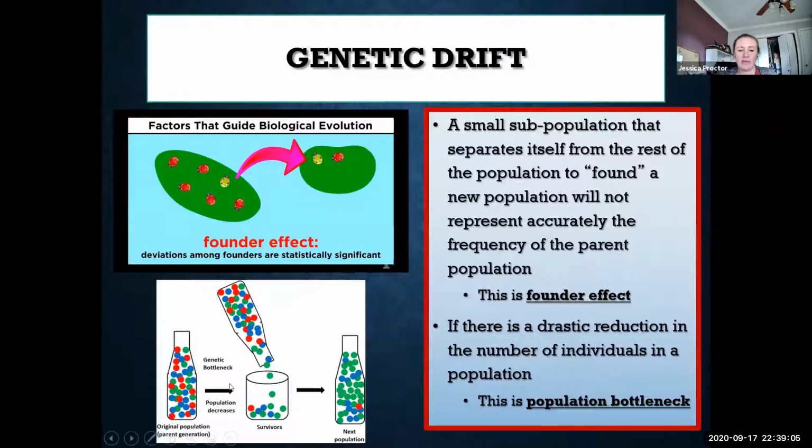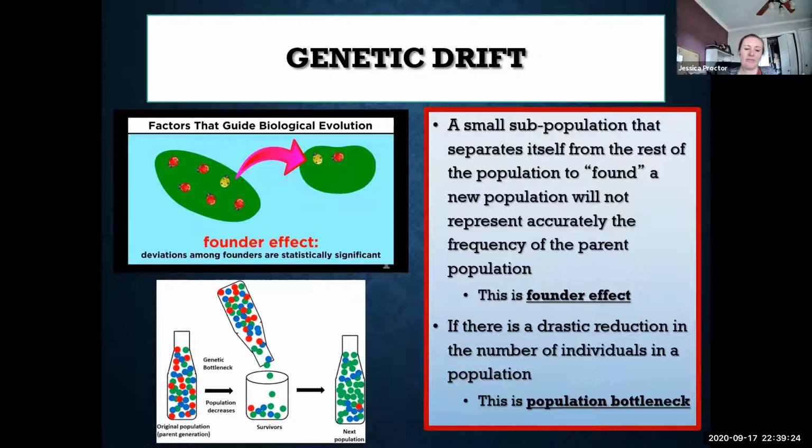Then in the next generation, there's some sort of random sampling error, some sort of random event that means there are only a few survivors. If you can see here, most of the surviving individuals are those that carry that green allele. There's a few with the blue, but only one of the red.